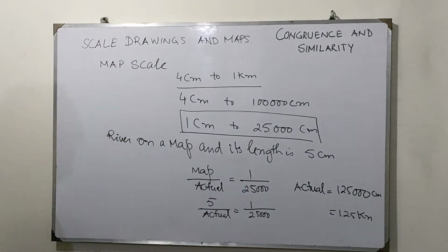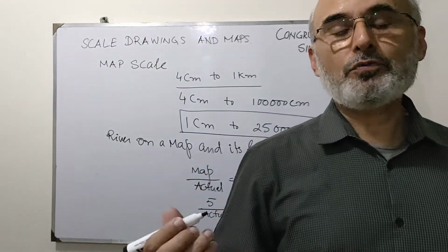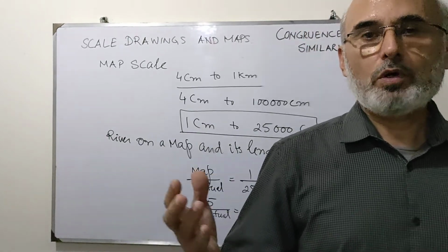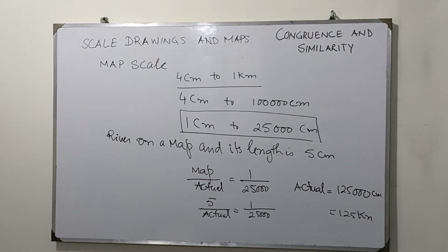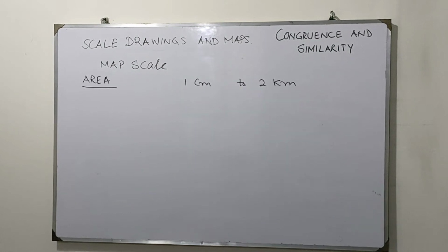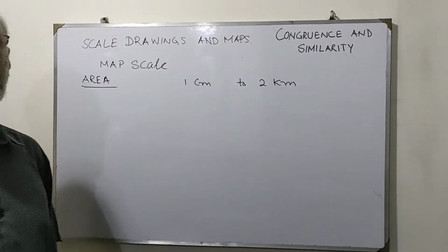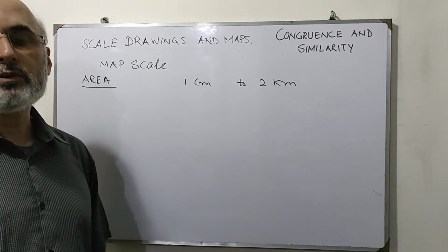Okay. So let's do an example of how to find area. If we have area on a map, what do we have to do for the actual? Okay, now for this example, we are given a map scale of 1 centimeter to 2 kilometers.